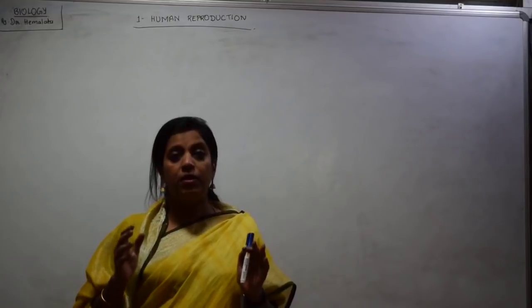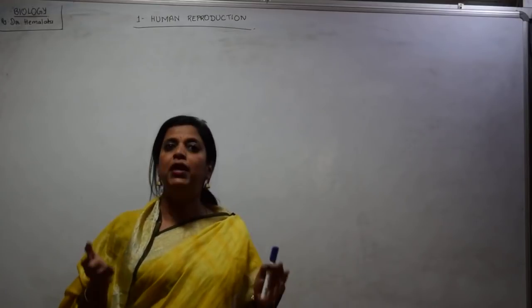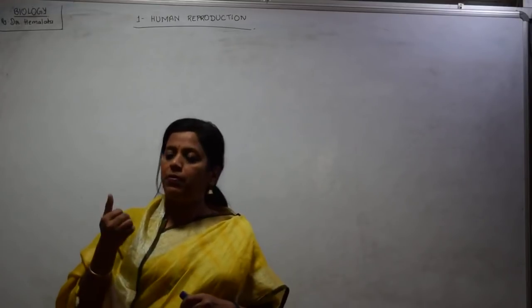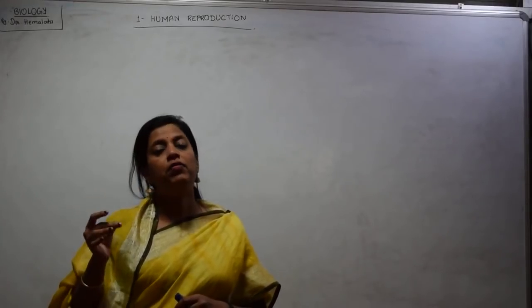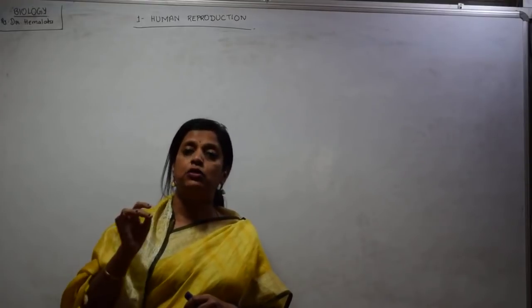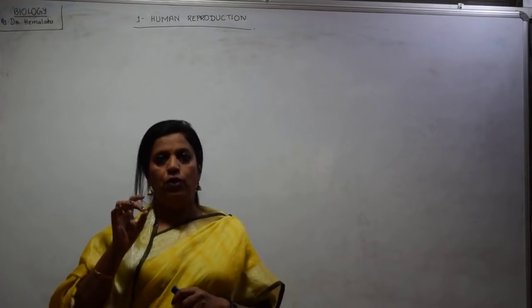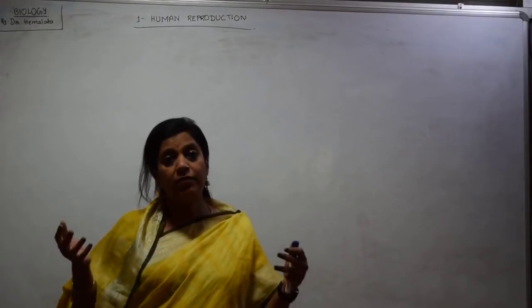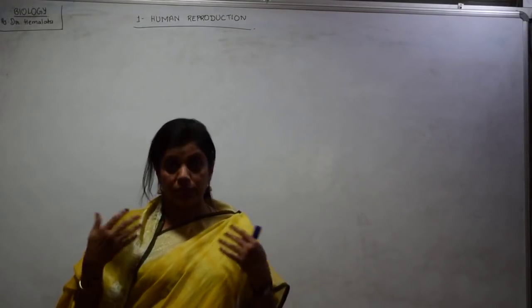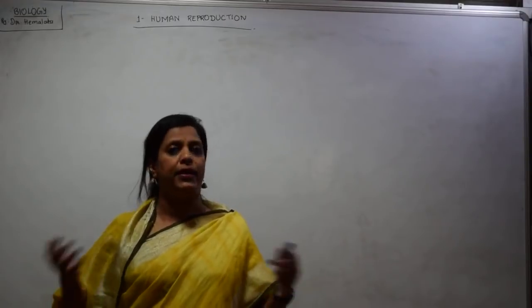I will give you the primary and secondary reproductive structures while explaining. But apart from that, we have accessory glands or accessory structures which are helping. And apart from that, secondary sexual characters.